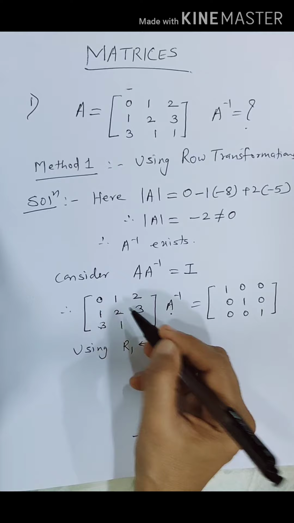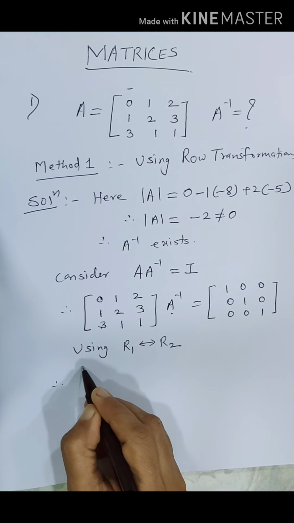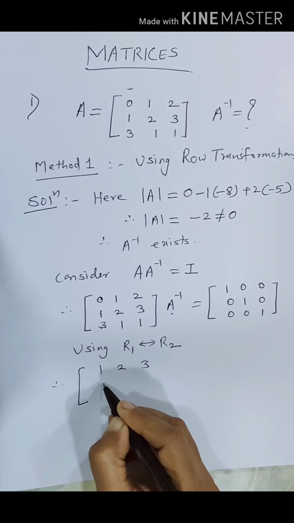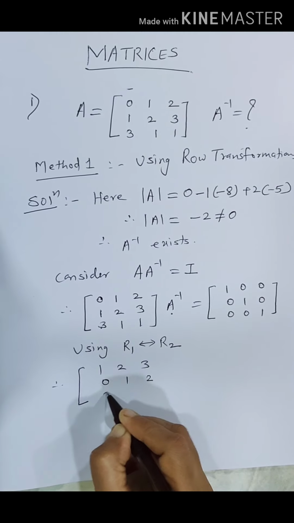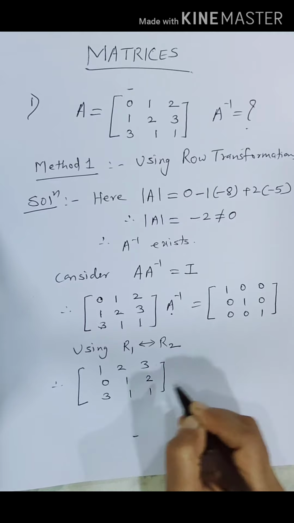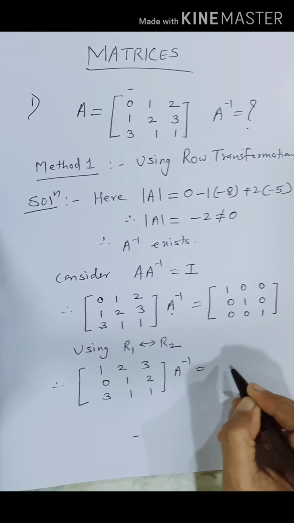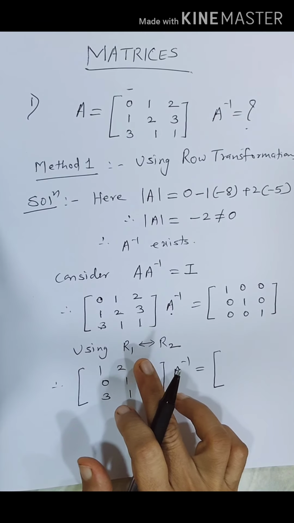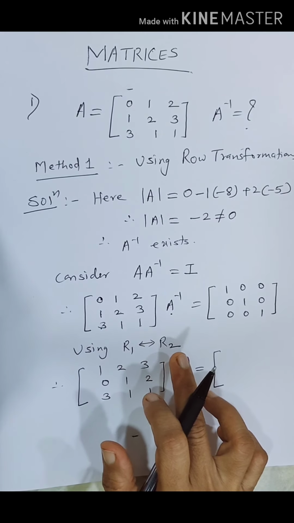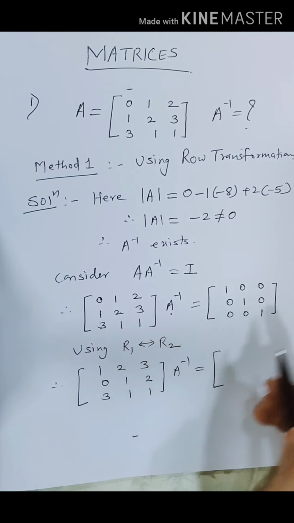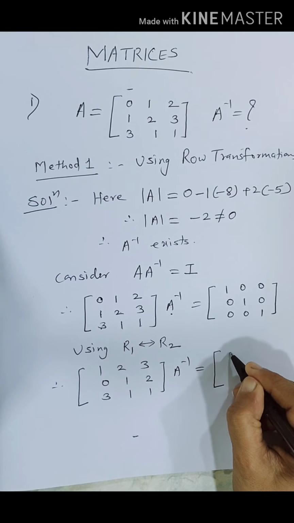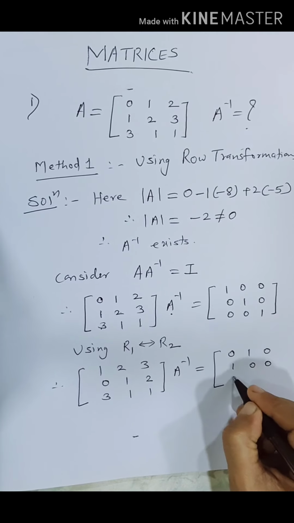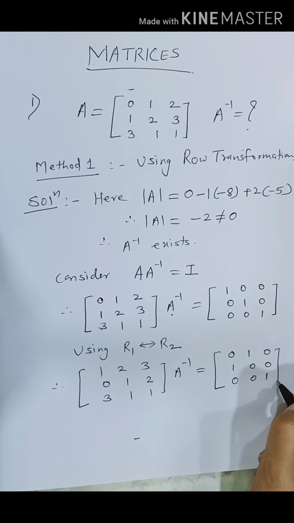Interchanging R1 and R2, we get first row as 1, 2, 3, second row as 0, 1, 2, and third as it is. Keep A inverse as it is, and the same operation you must use on the right hand side. Our operation is R1 and R2 are interchanged. So first row now becomes 0, 1, 0, second row is 1, 0, 0, then 0, 0, 1.